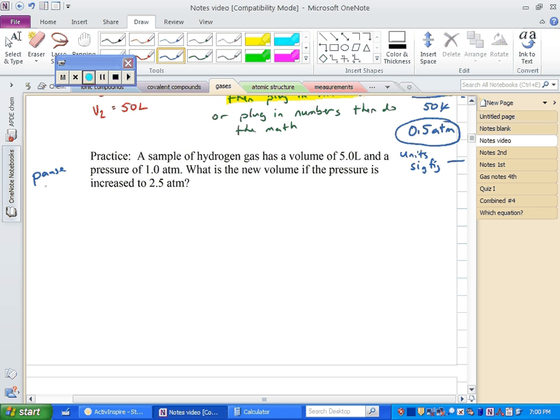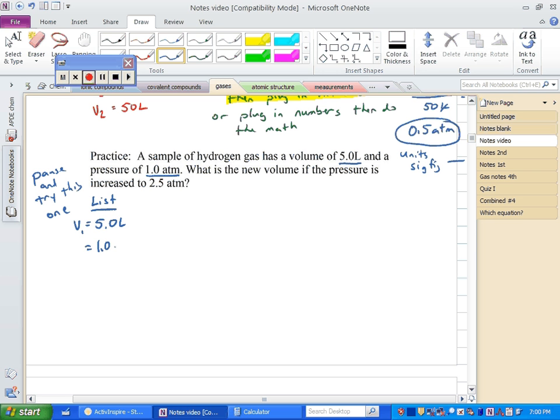All right, pause this recording and try this sample, and then play it again to see the work. So we're going to make our list. 5 liters, that's our first volume. 1 atmosphere, that's our first pressure.